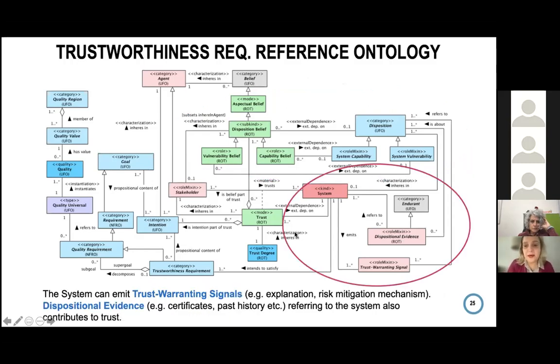Finally, in this part of the ontology, we can map those concepts that we mentioned before about the trustworthiness evidence. So the system can emit trust warranting signals like explanation, risk mitigation mechanism, or dispositional evidence in the form of a certificate or a past user history, etc. And these contribute to the trust that the user has in the system.